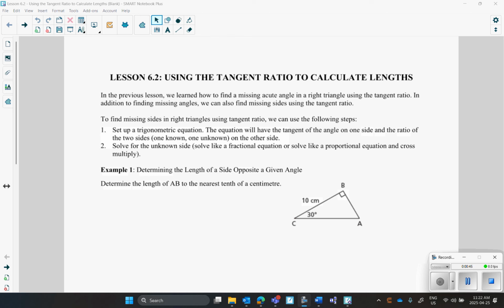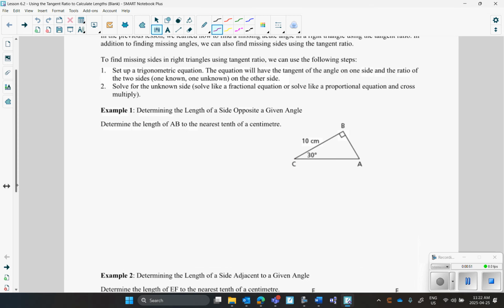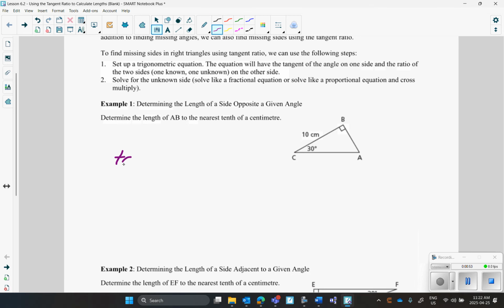Okay? And your equation is always going to start with tan. You start with 10, because that's the only one we know right now. And then what comes after 10? The angle. Now, yesterday, the angles were always unknown.